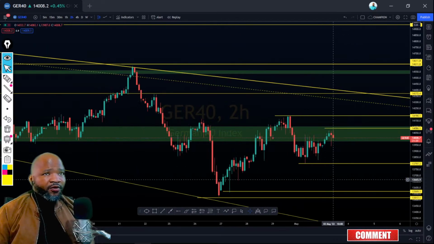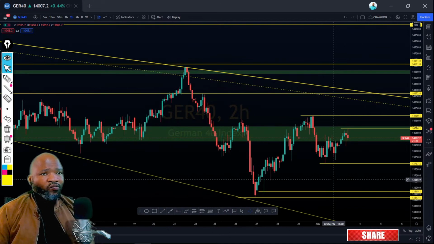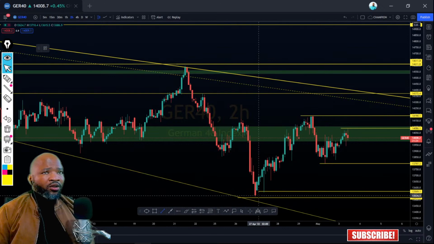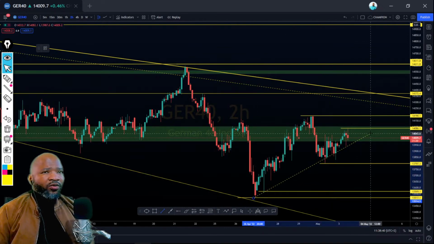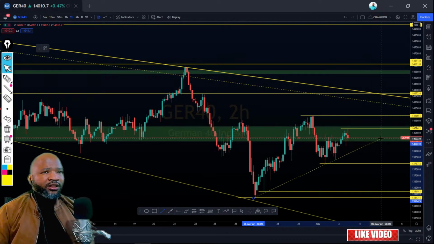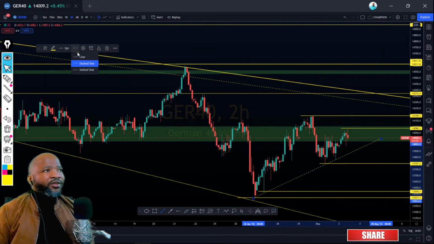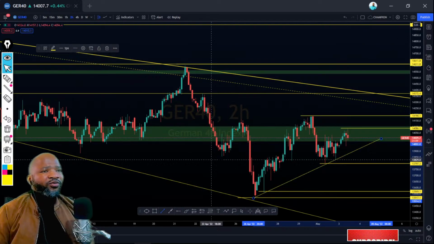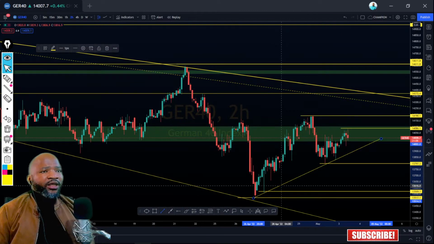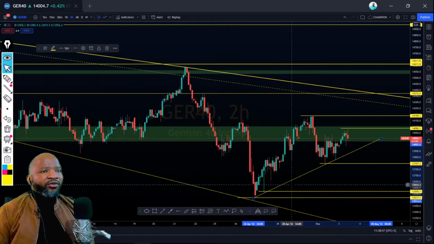The German 40. I was thinking of using your indicators. Let me place this line. There was a time when I was thinking of using indicators, but this is naked forex.